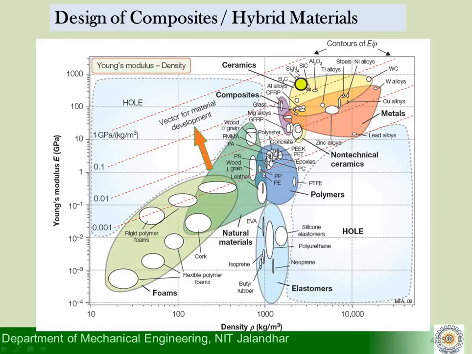In this chart, we have contours of slope 1, E by rho shown here. And we already know that according to our description of material indices, the better materials are located in this zone here, and that is where we refer to it as a vector of material development. That is why you need to develop new materials.